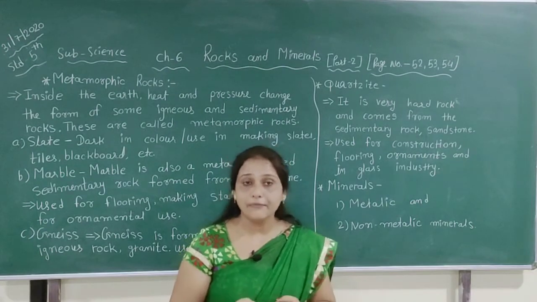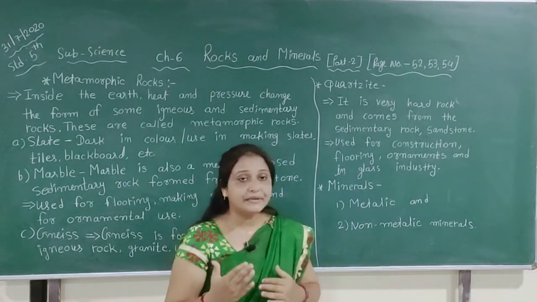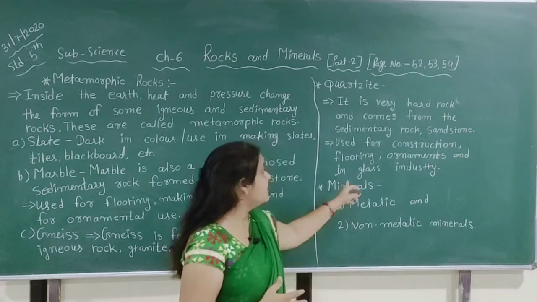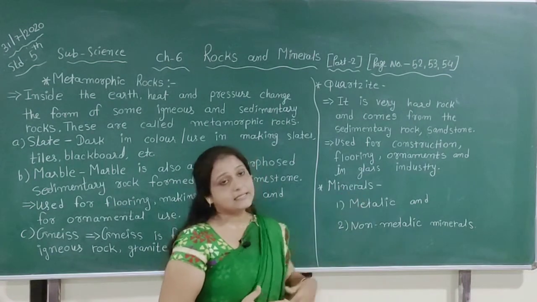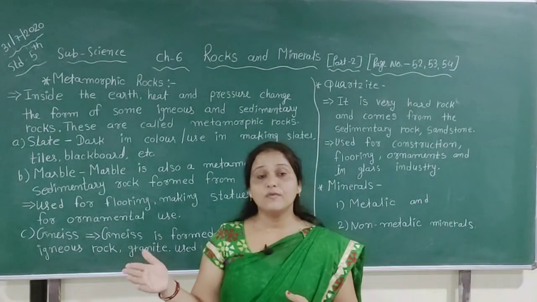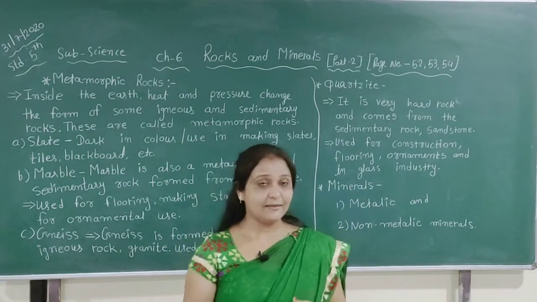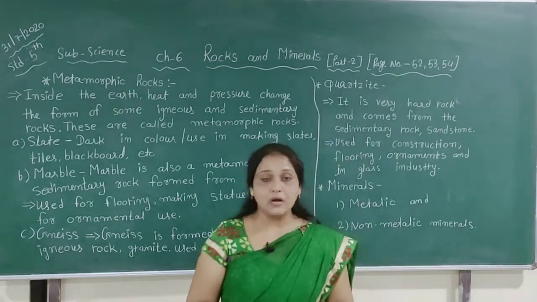We need hard flooring, so quartzite is also used for flooring. Then it is also used for ornaments and in glass industries, the industries which make different types of glass that are very useful to us.